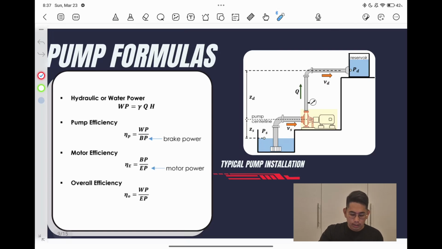So like this, we have NP times NE, magiging siya WP over BP times BP all over EP. So cancel, gawa natin WP over EP, same sa overall efficiency natin. So ang next naman natin is yung problem solving na.